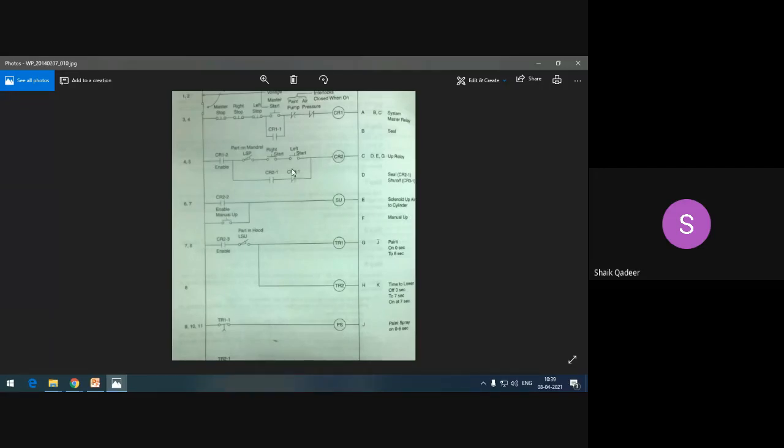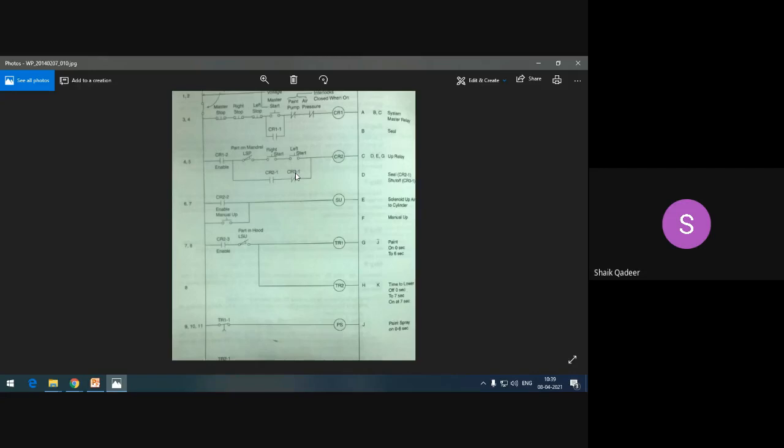You will understand this a little later, but keep this in your mind that we are sealing this LSP position, right start position, and left start position by taking the help of CR2 yes and CR3 no.